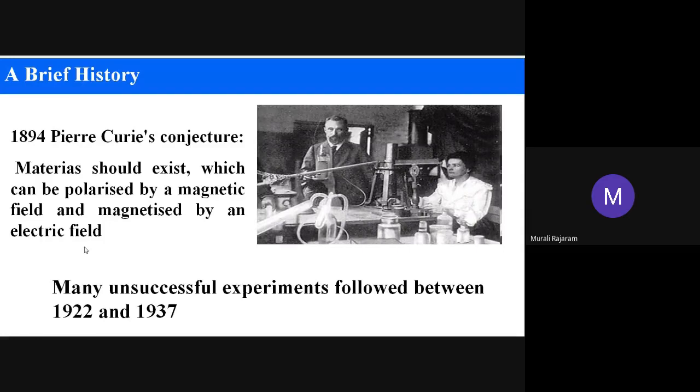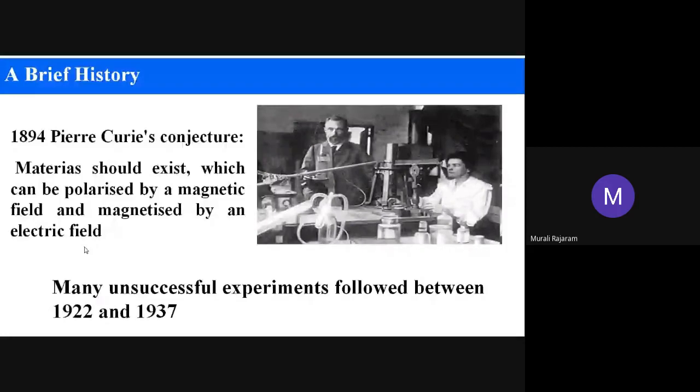Okay, as I said, even though people have started working on this recently, this has been predicted a long time back, even a century back, by Pierre Curie, who mentioned that materials should exist in which you can induce magnetic polarization by an electric field and electric polarization by a magnetic field.